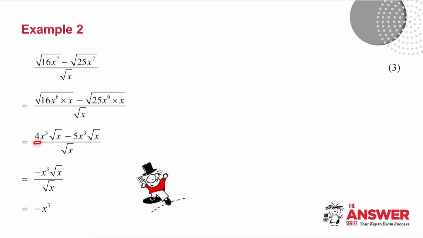I've got 4 of these x cubed root x minus 5 of the same x cubed root x. 4 minus 5 is minus 1 of those x cubed root x terms. The root x's cancel, and I'm left just with minus x cubed.